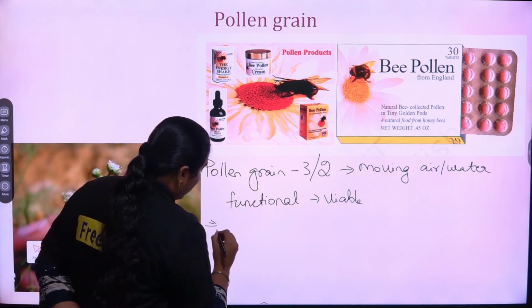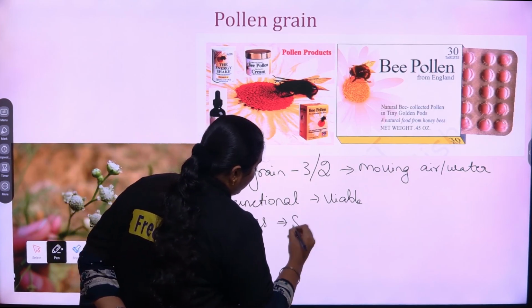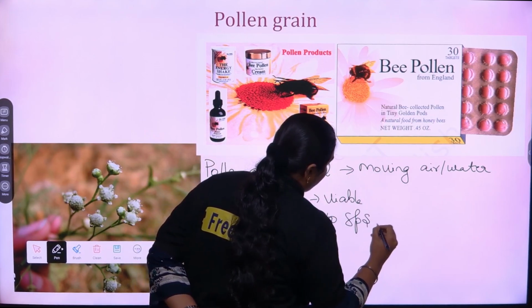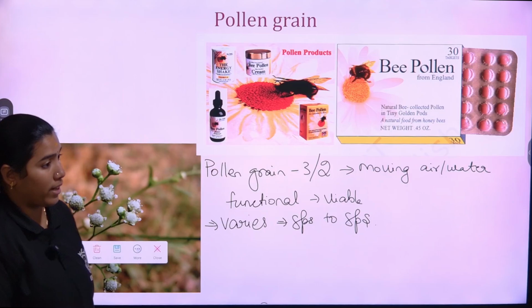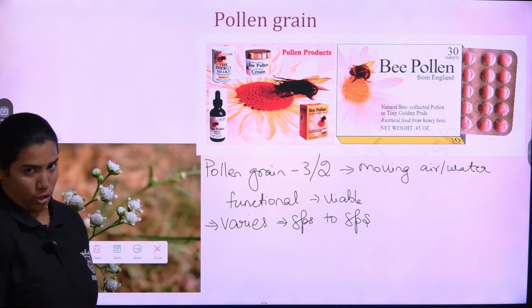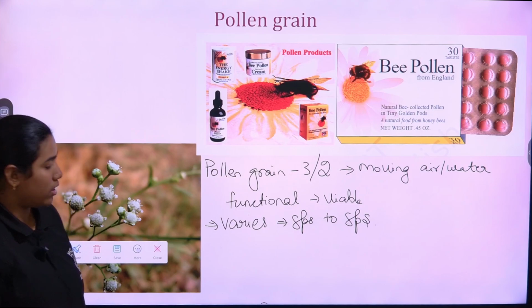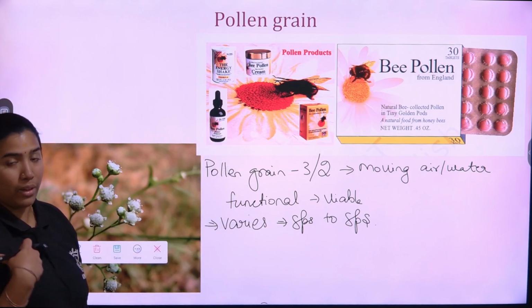This varies from species to species. In some species it is quite low, in some other species it's quite high. There is a major difference in pollen grain viability.